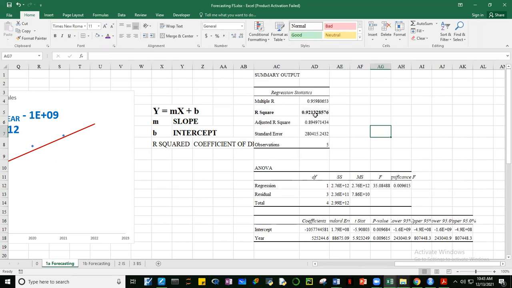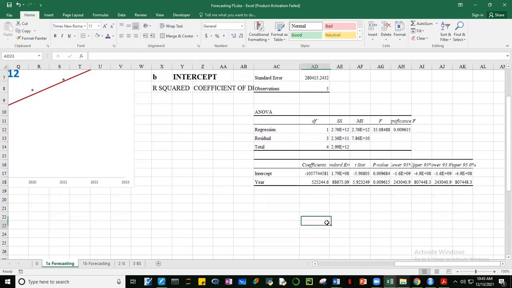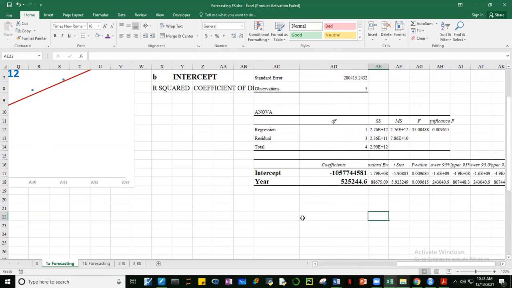And then you can find here, guys, this one looks familiar, di ba? Ano to? Yan. Ito si intercept at saka ito si slope, di ba?